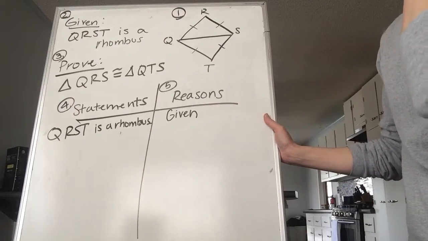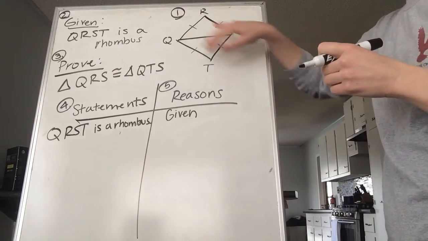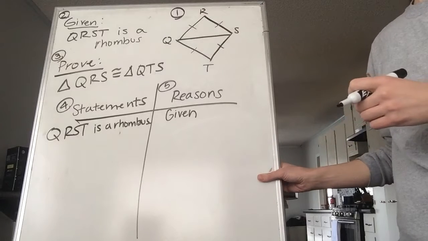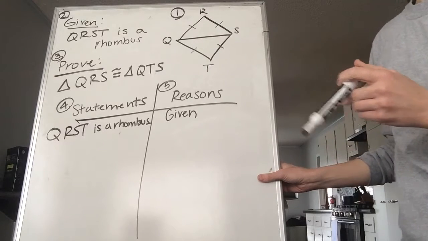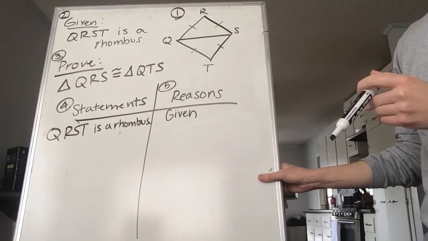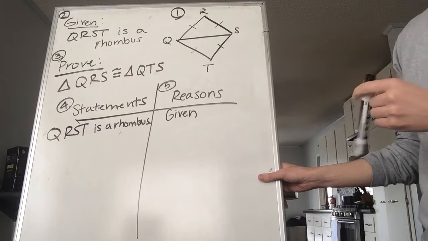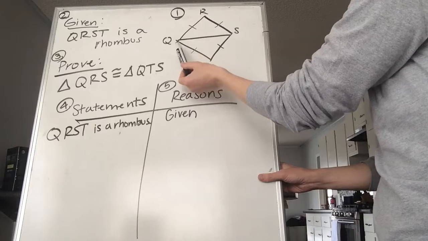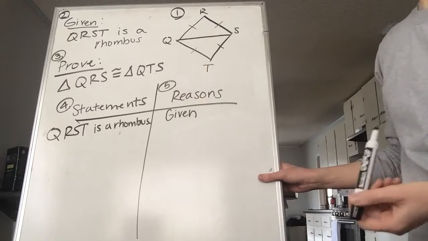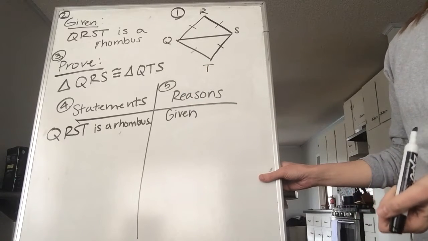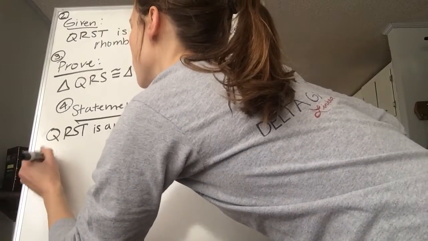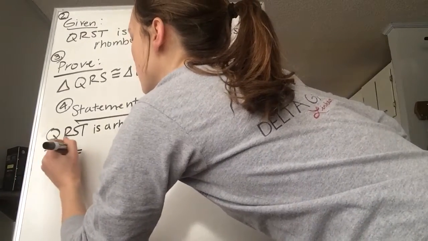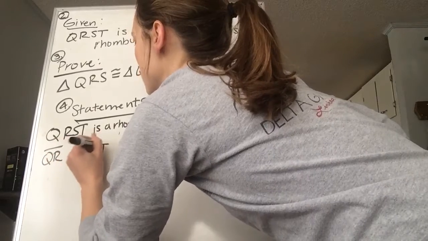So from that, what can I say? Well, I already showed you that means all the sides are equal. So you could say, and you want to make sure that the sides are corresponding to each other, you could say that QR is equal or congruent to QT. So QR is congruent to QT.